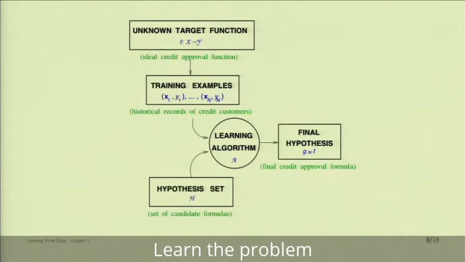And these we are going to call the hypothesis set, a set of hypotheses from which we are going to pick one hypothesis. So from this H comes a bunch of small h's, which are functions that can be candidates for being the credit approval. And one of them will be picked by the learning algorithm, which happens to be g, hopefully approximating f. Now, if you look at this part of the chain, from the target function to the training to the learning algorithm to the final hypothesis, this is very natural, and nobody will object to that. But why do we have this hypothesis set?